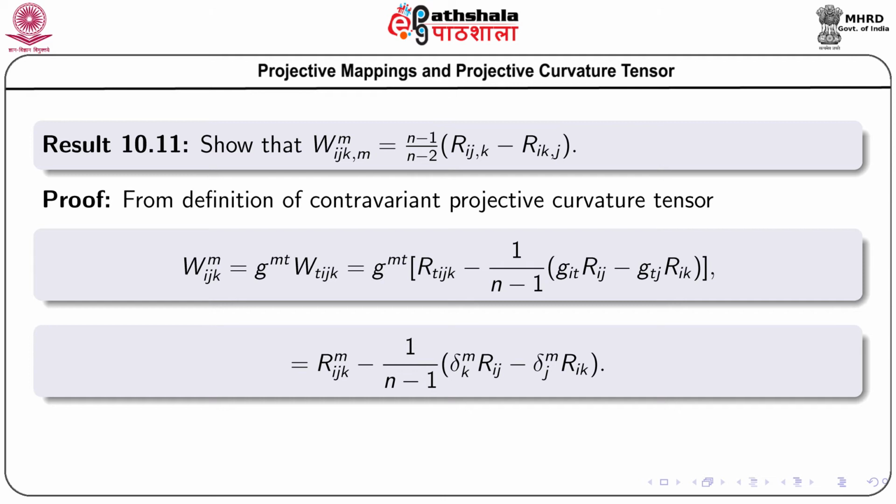And with the inner product of g^mt, the above expression becomes R^m_ijk minus 1 by n minus 1 [δ^m_k R_ij minus δ^m_j R_ik].